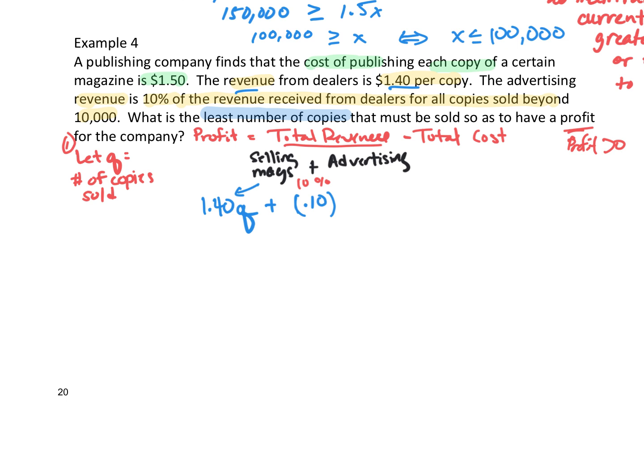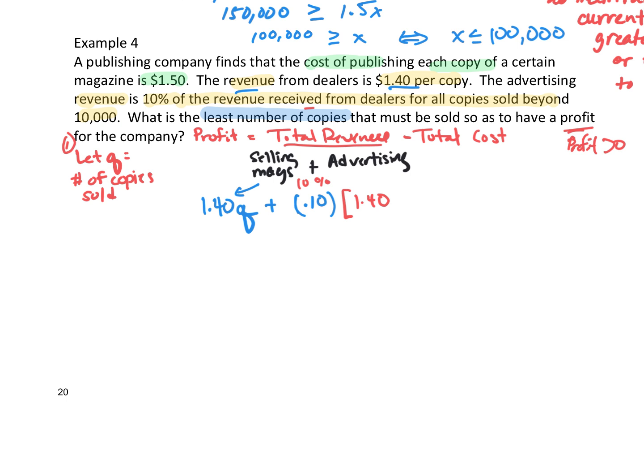No matter what you sell it for, it costs you $1.40. But remember, it's always got to be some quantity here. This has to be $1.40. It's the revenue received from dealers for all copies sold beyond 10,000. So look at it this way.